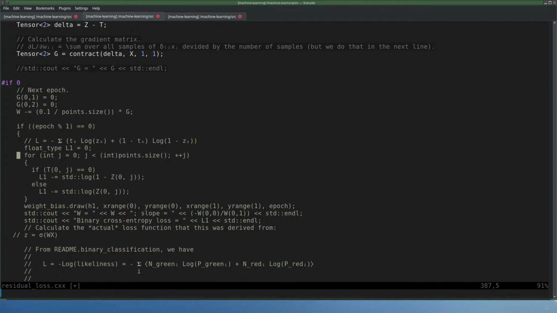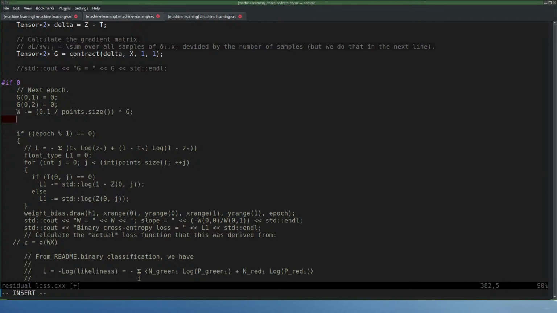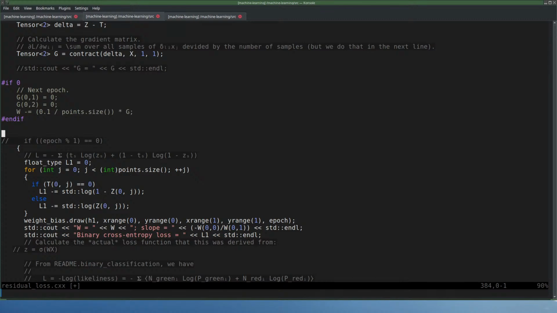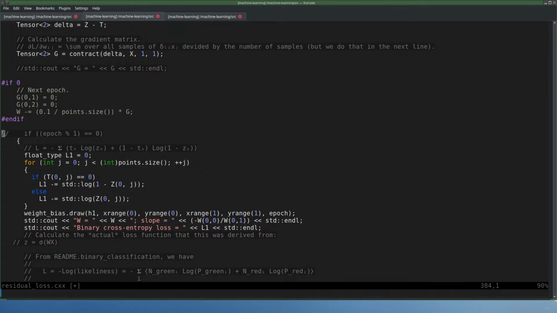I still have to do this. I'll see it in the git diff, I guess. I commented this out. So I enter in here. Oh no, this is a calculation of the loss function. I don't need that. Oh, I do, but I should make a separate function of it.